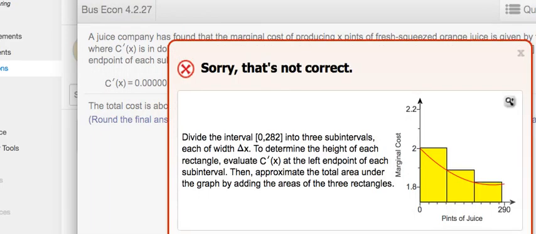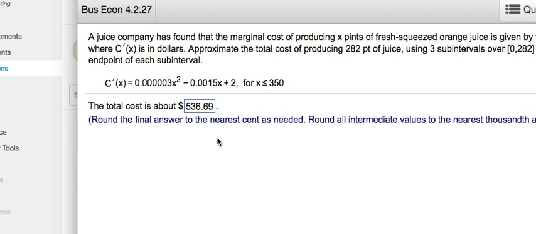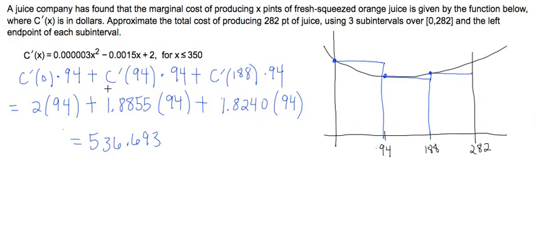And it's not correct. Okay, let's see if we can figure out where our error is. There's a nice little graph there, which is exactly what we did. So 2, and then that value, and that value looks like we're pretty close. I may have made an error in entering it or in rounding, either way.